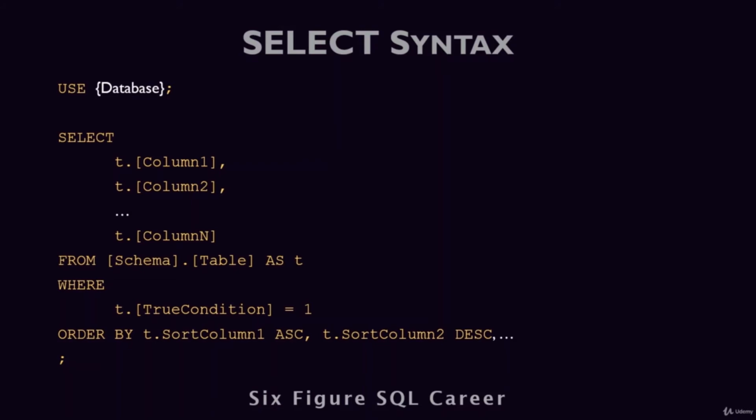After from comes the where clause, which tells SQL which rows to return in the query. After that comes order by, which sorts the data by the columns listed, starting with the first one in ascending or descending order, then by the next, and so on.